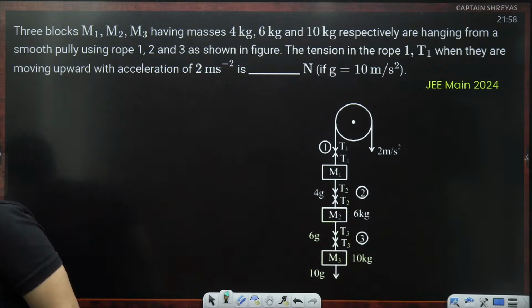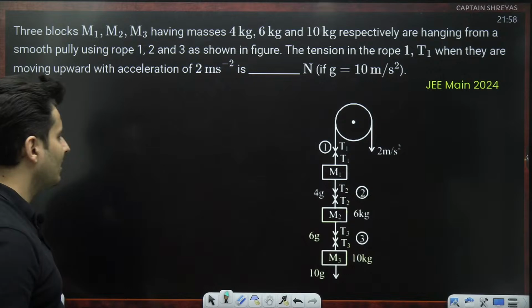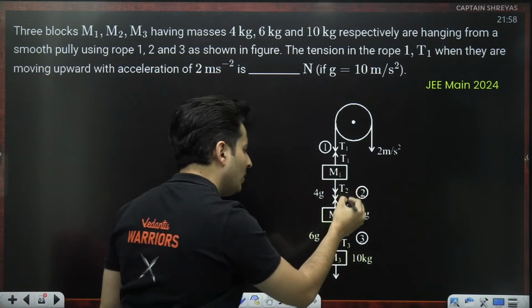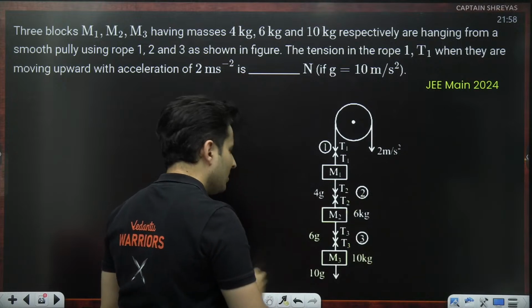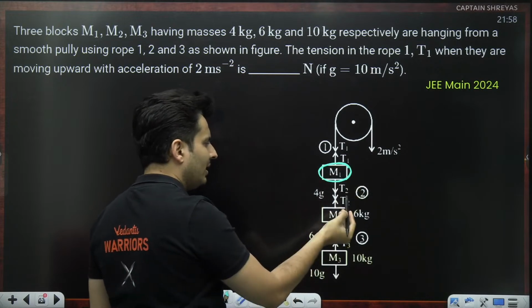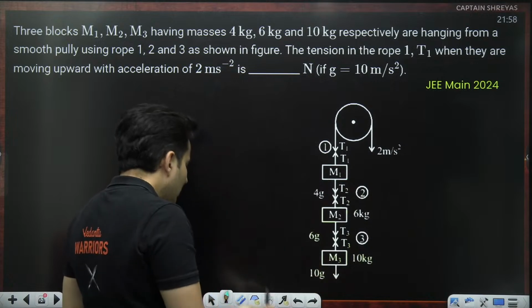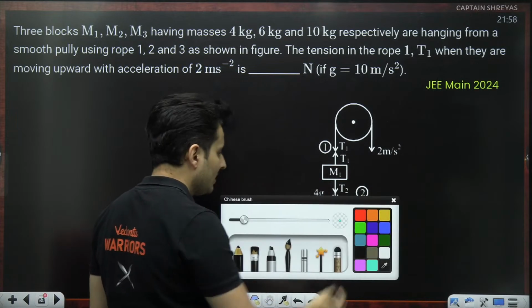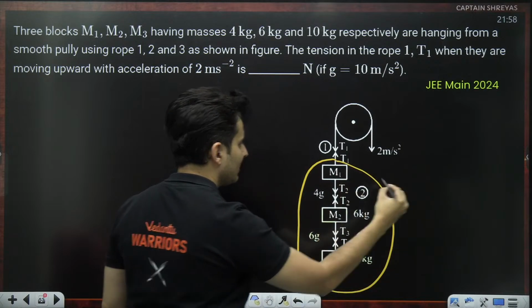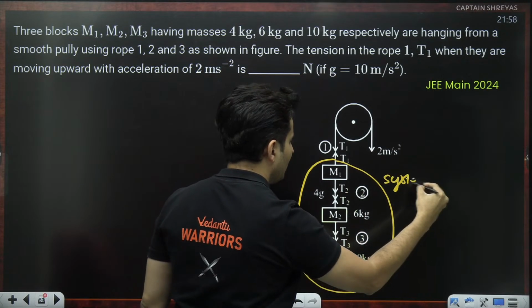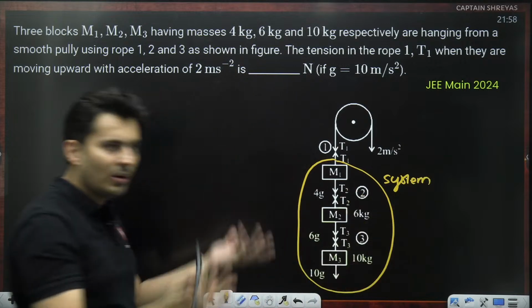What about this one, guys? Very interesting. If I want to find T1, I don't care about T2, T3, so make them internal. How? If I draw the FBD of M1, T2 will be unknown, which I do not know. So the best thing to do is take this whole bunch of blocks as one system. Take it as a system, so the tensions become internal. It's not your headache anymore.